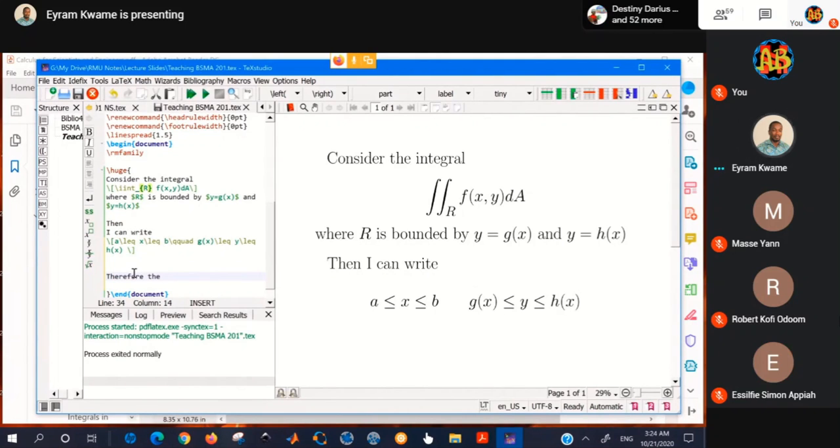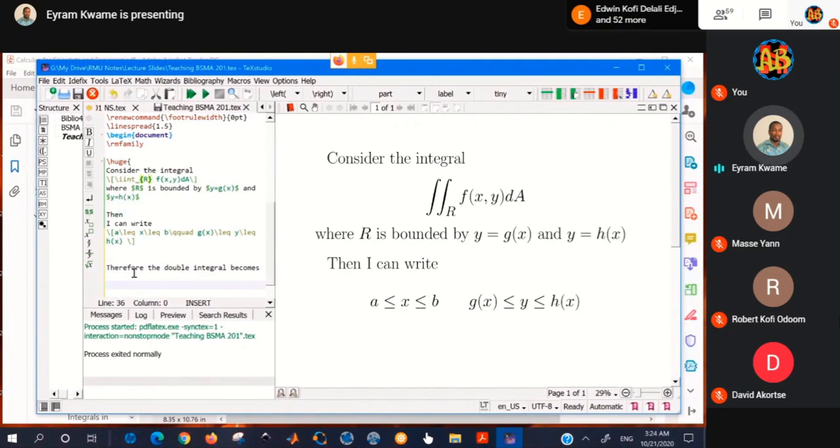Therefore, the double integral becomes this.